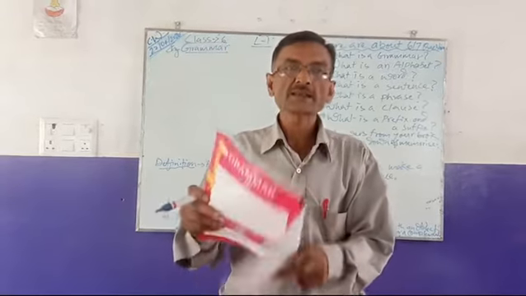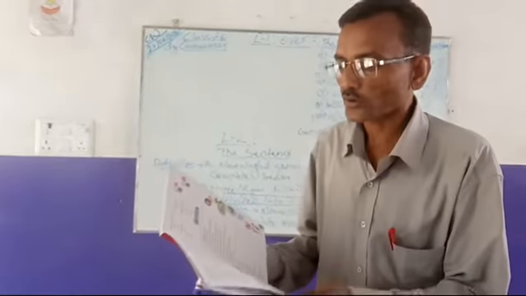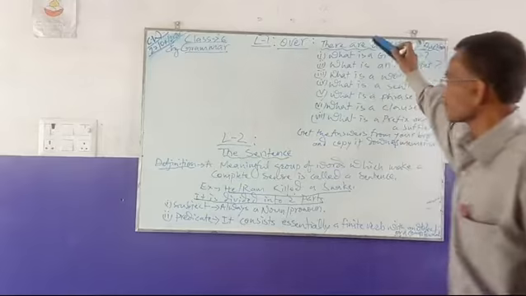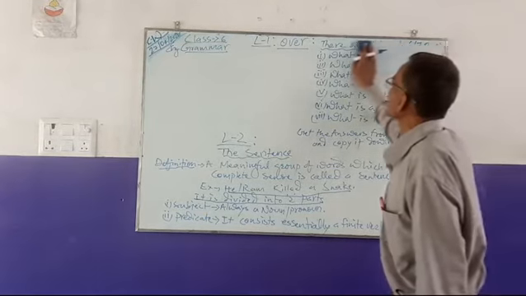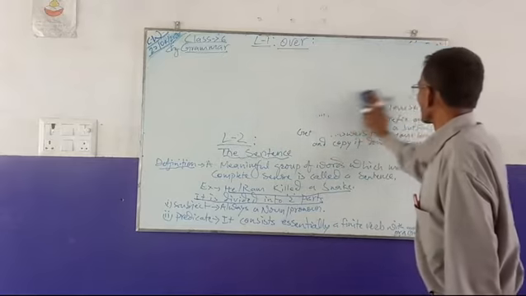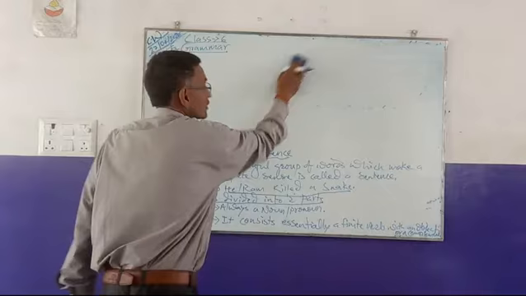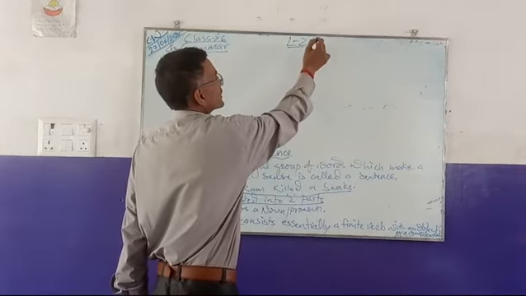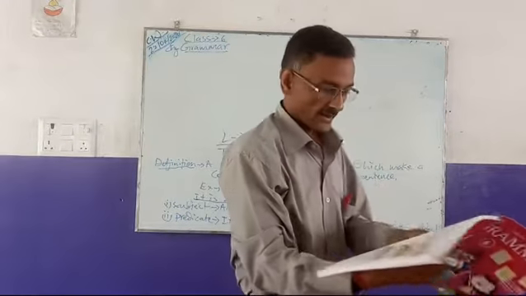Some exercises are coming now. You have to note all those things in a proper way. These questions you have copied well, and now you should do lesson 2, the jumbled words. Lesson 2 is continuing here. Exercise A. A1: I am reading a book.